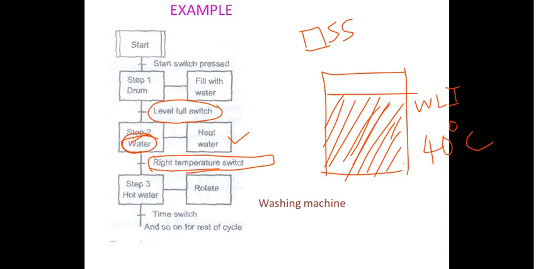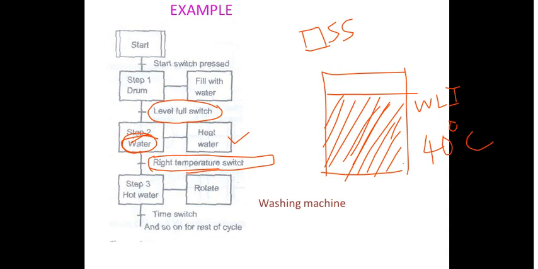It will rotate for say 15 minutes. How do you come to know that it has rotated for 15 minutes? You will have a time switch here, right? It will come 14, it will come 13, so on and so forth. Once it becomes 0, it will initiate some action.